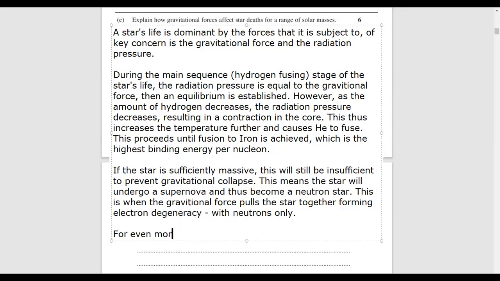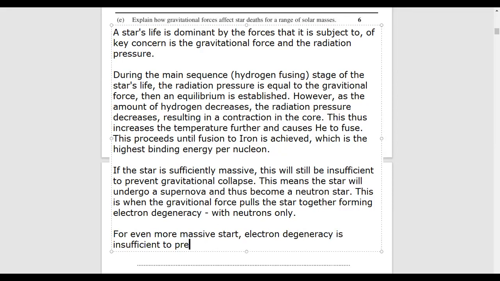For even more massive stars, electron degeneracy is insufficient to prevent collapse, and that results in the formation of a black hole.